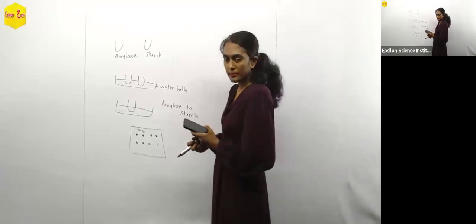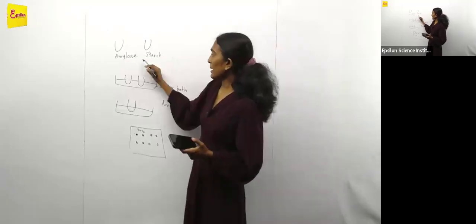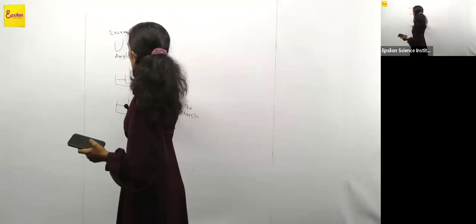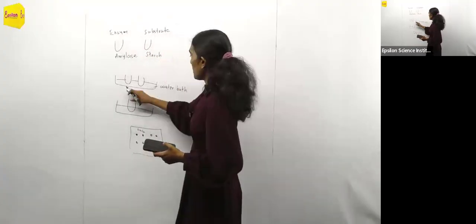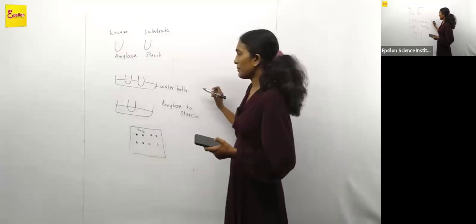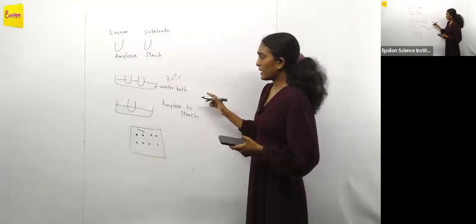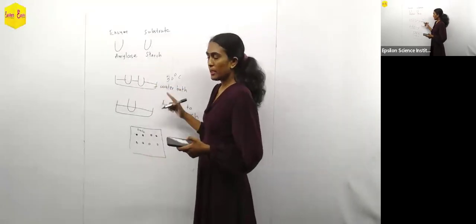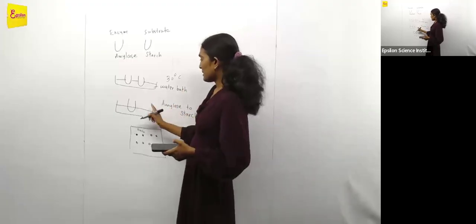Then another, yeah. Here you will be taking amylase and starch. Amylase is the enzyme here. Starch is the substrate here. You'll be keeping both of them to reach an equilibrium. That means, let's say if you are using 30 degrees Celsius, in that particular water bath you will be keeping those two solutions before you start the practical. And then after that, you'll be mixing these two solutions.